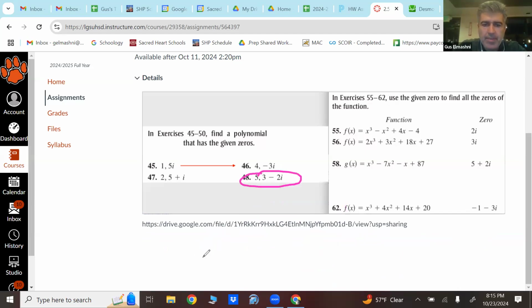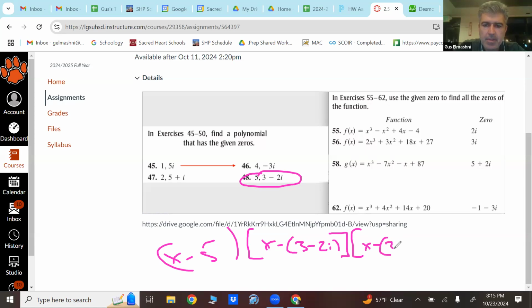Now, for something like 48, you're going to do x minus 5. Then I'll do bracket x minus, x minus, then it gets a little crazy. I'll distribute that.